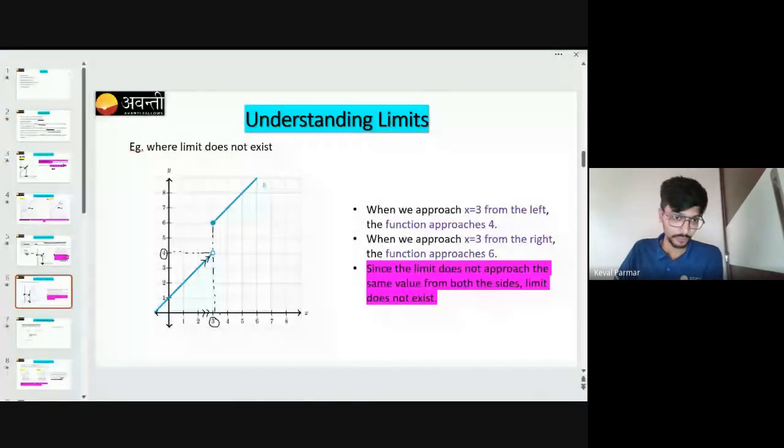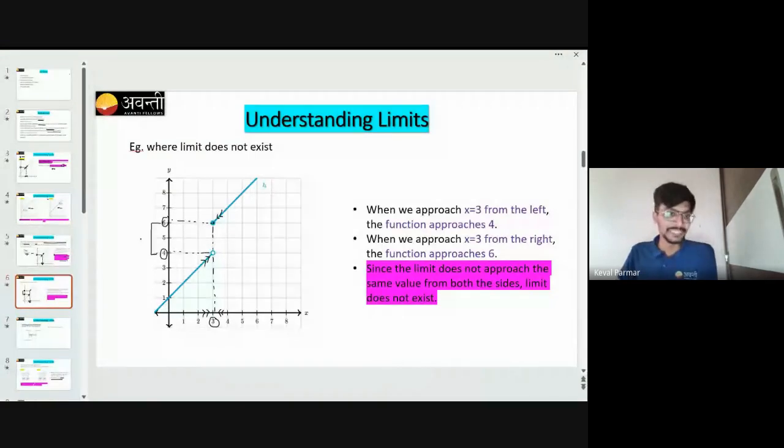And as I move towards 3 from the right hand side, the graph approaches 6. And as you can clearly see, 6 and 4 are not equal, obviously. That means the value approached from the left hand side is not equal to the value approached from the right hand side, meaning the limit does not exist.